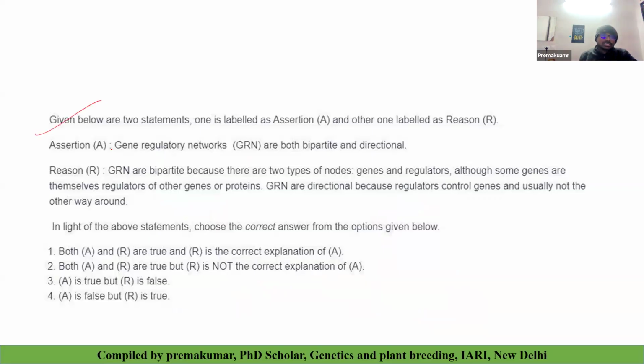Yesterday I was discussing what is gene regulatory network. Can you guess the answer?